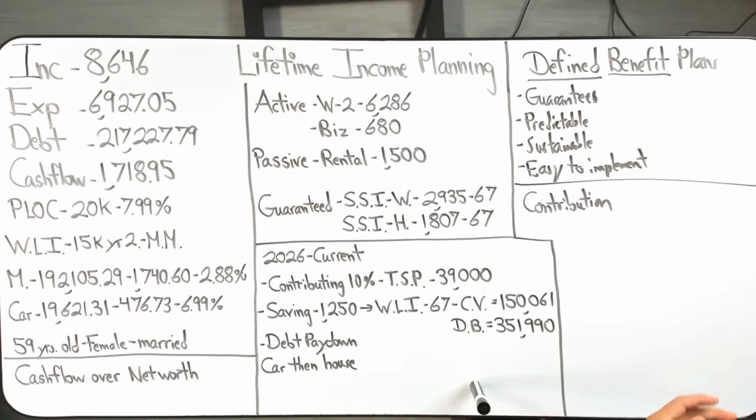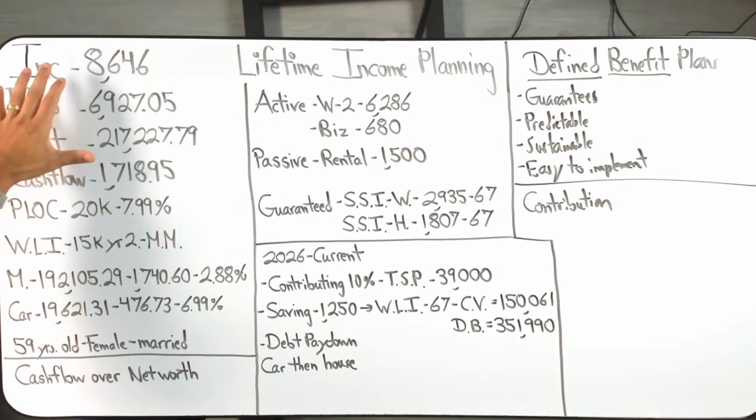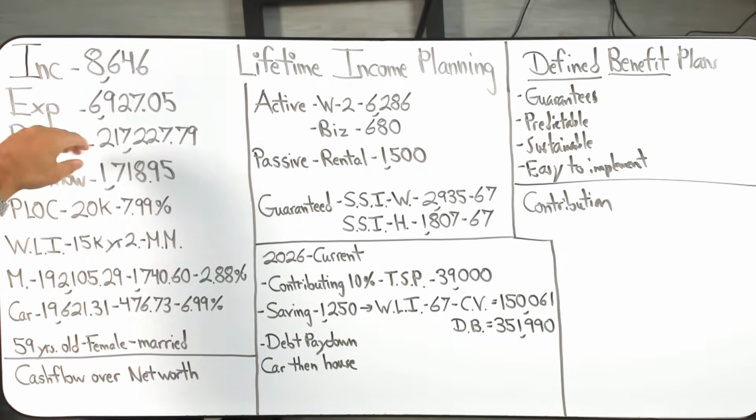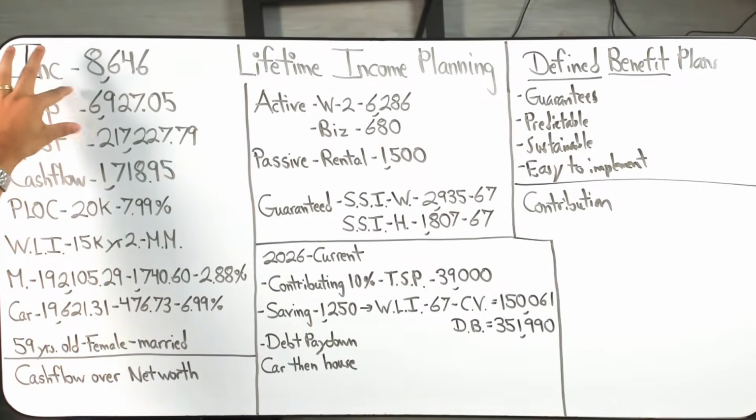It just isn't. So here's an example of an individual, 59 years old, female, married, who when she became a client many years back, began to adopt this model of cash flow over net worth. And it began with the four major numbers. What's coming in, what's going out, what's your debt, what's your cash flow. It began with creating efficiency with our expenses, creating a velocity, a flow of money.